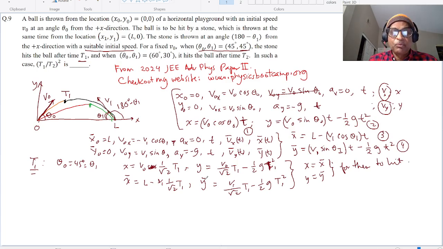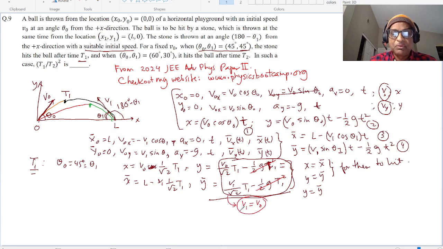Now from y equal to y bar, you can see that these guys cancel out. So from there you can see this equal to that, so you get this equation, and you can cancel these guys out, and from here you can say that v1 has to be equal to v0.